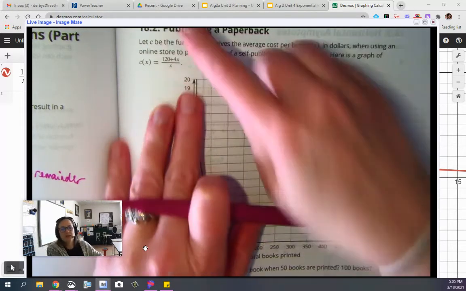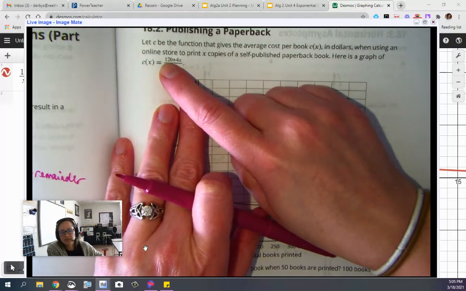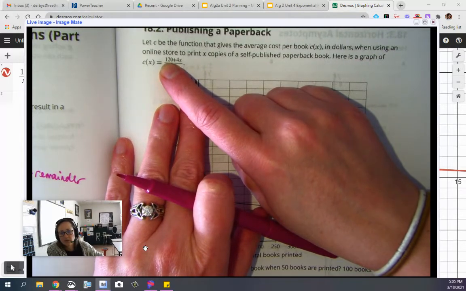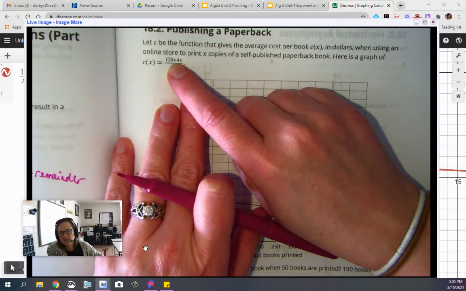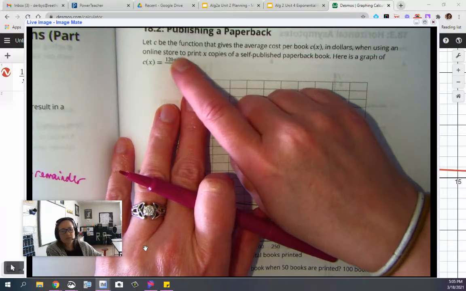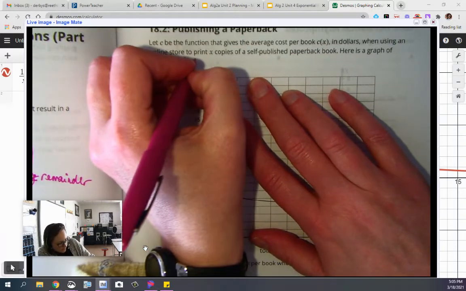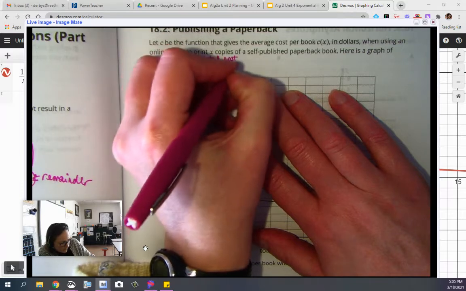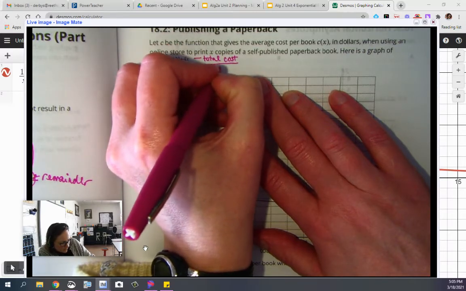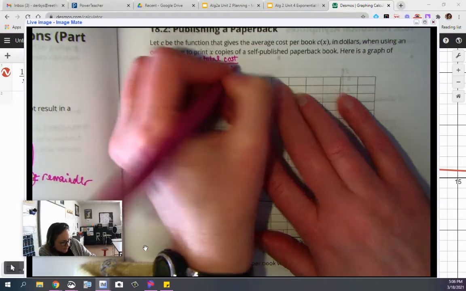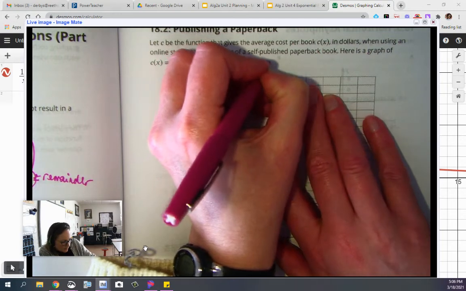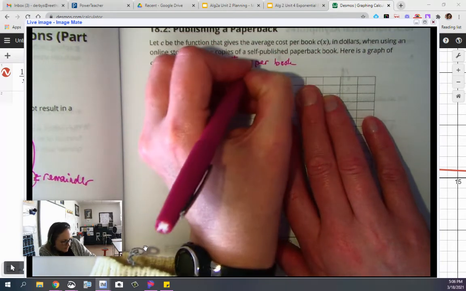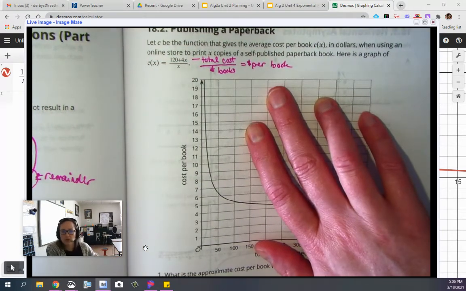And so it looks like there's like a flat fee set up to get ready for this publishing, and then $4 per book. There's my total cost on top. And if I divide it by the number of books that I'm getting printed, it tells me how much I'm paying per book to get this thing published.